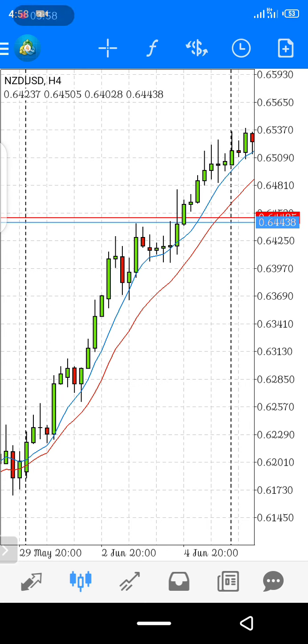And lastly, a moving average acts as support, which we use as confluence to enter a trade. Now, when you see moving averages, there might be fake-outs, but as you continue to watch this video, you will understand what fake-outs are.